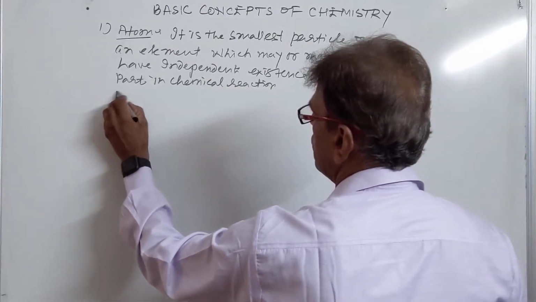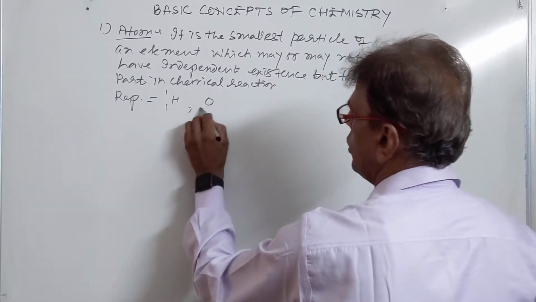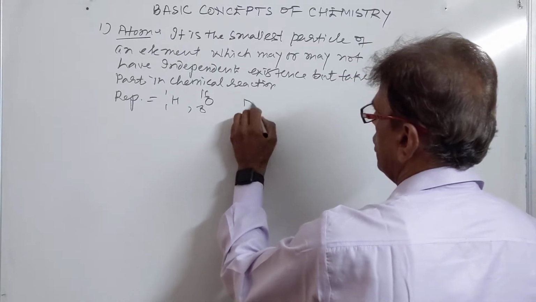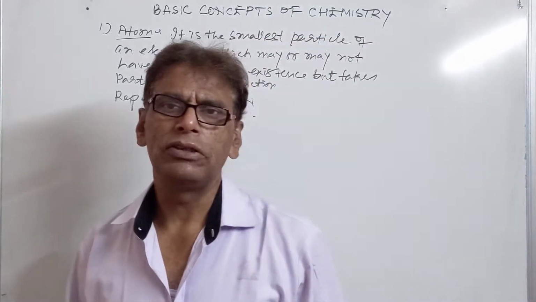Representation of atom can be done as 1H1 for hydrogen, oxygen O8 16, nitrogen 7 14. So these are the representation of few atoms.